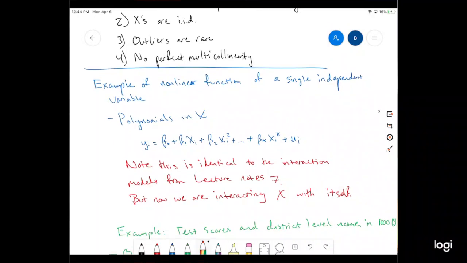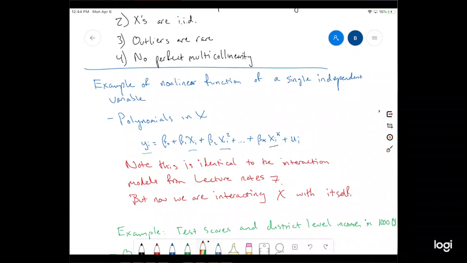Okay, an example of a nonlinear function of a single independent variable. Polynomials in x. So we could write down the most basic polynomial in x function, so we only have one regressor, xi in this case. We have yi as a function of xi plus xi squared plus any amount of polynomial terms in x, all the way up to xi to the k power, plus a linear error term.